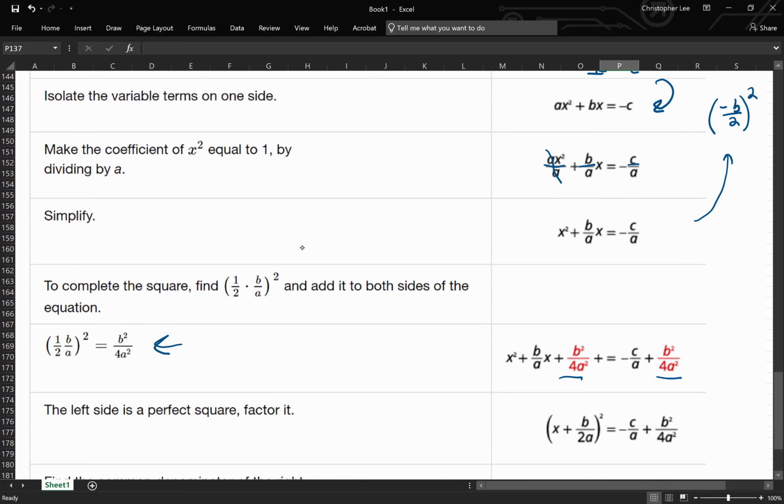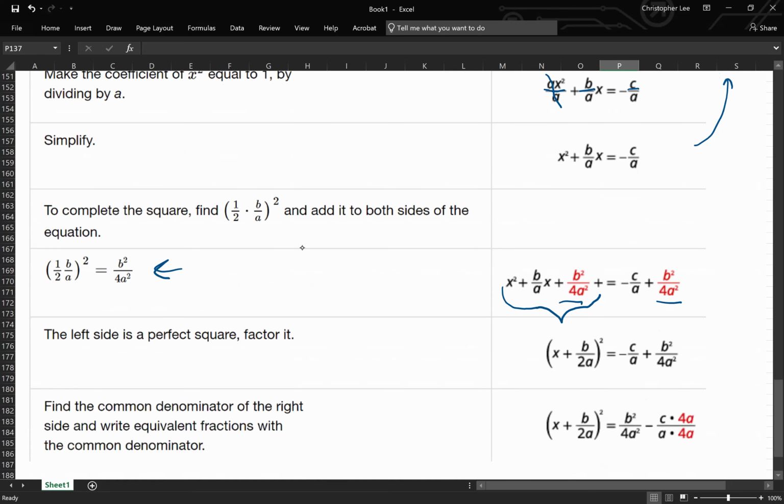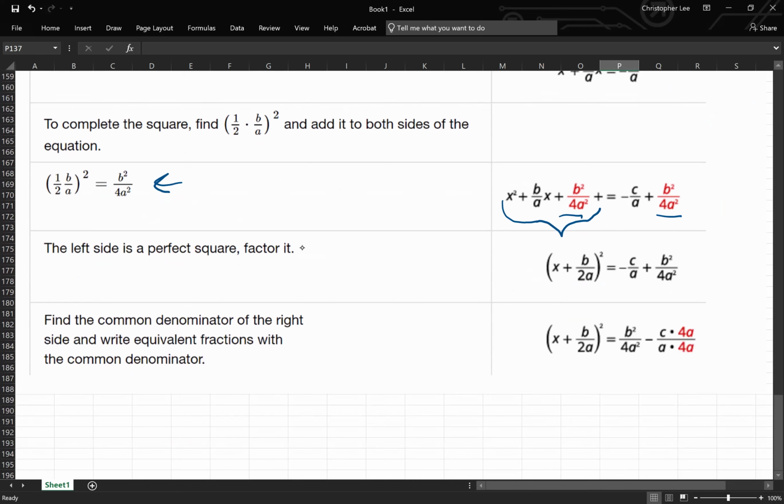And then after that, on the left-hand side, that's going to become x plus b over 2a, squared, equals negative c over a plus b squared over 4a squared. Find the common denominator of the right side and write the equivalent fractions with the common denominator.